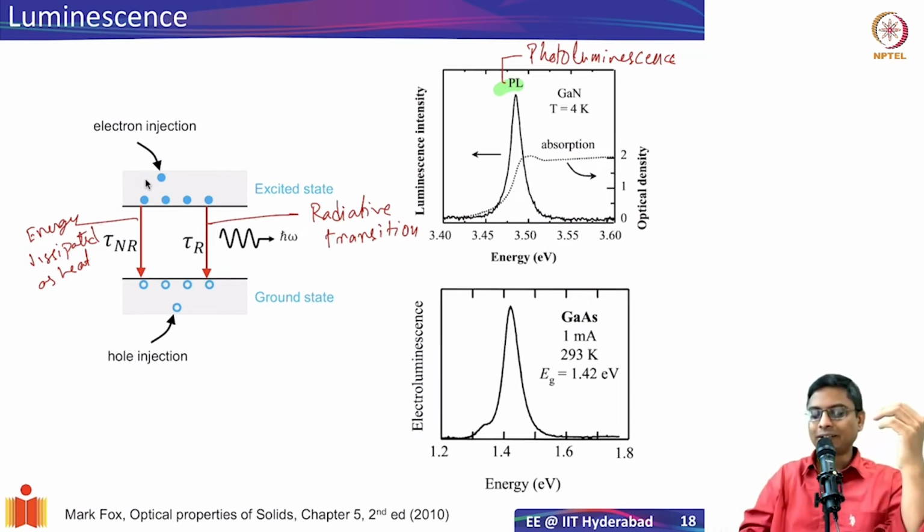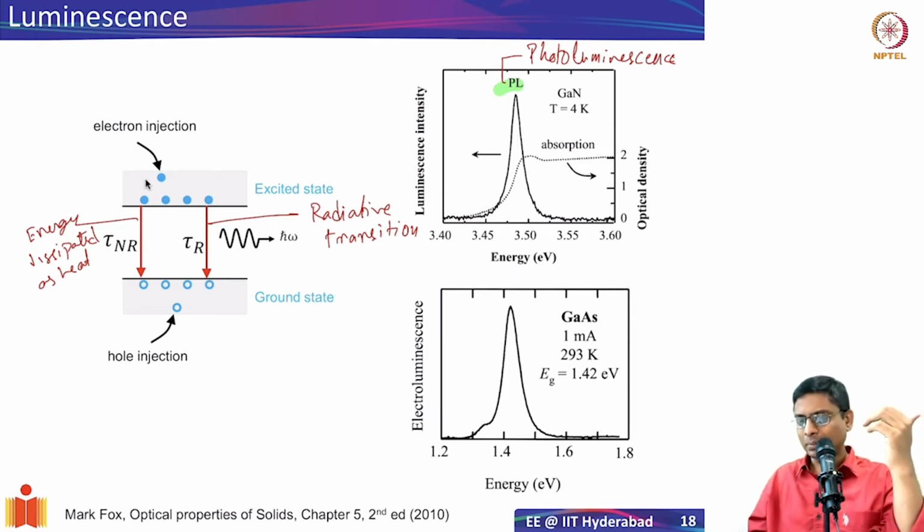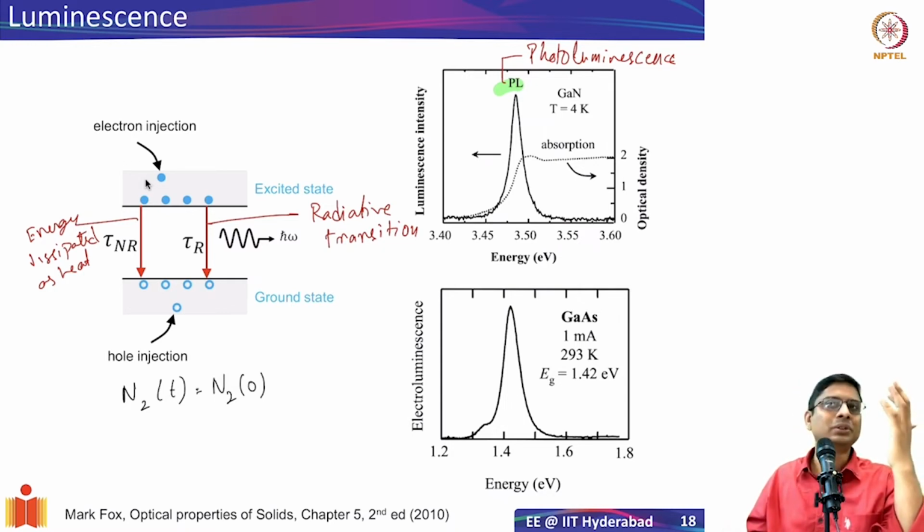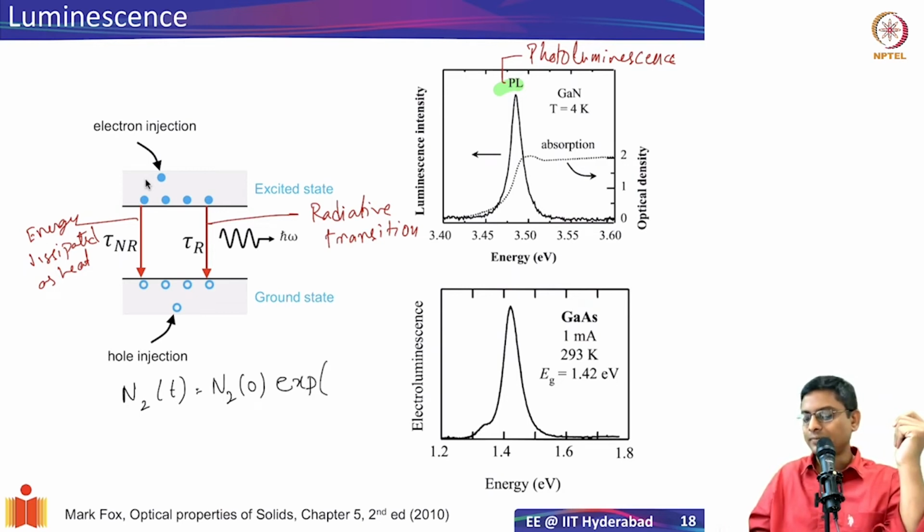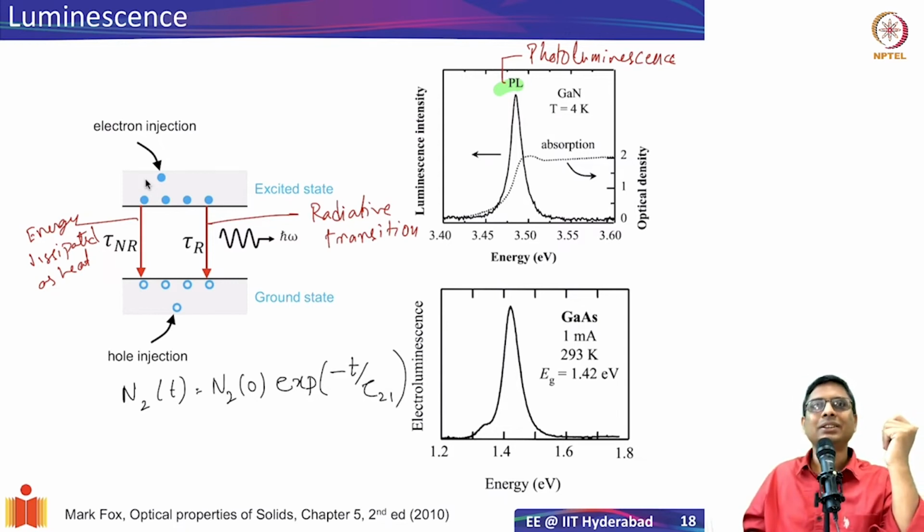So for example, here I could write a term and say that my population N2 of t is going to depend on some initial state, N2 of 0, at time 0, there is a population N2, and then there is going to be an exponential decay, e to the minus t by tau 21.